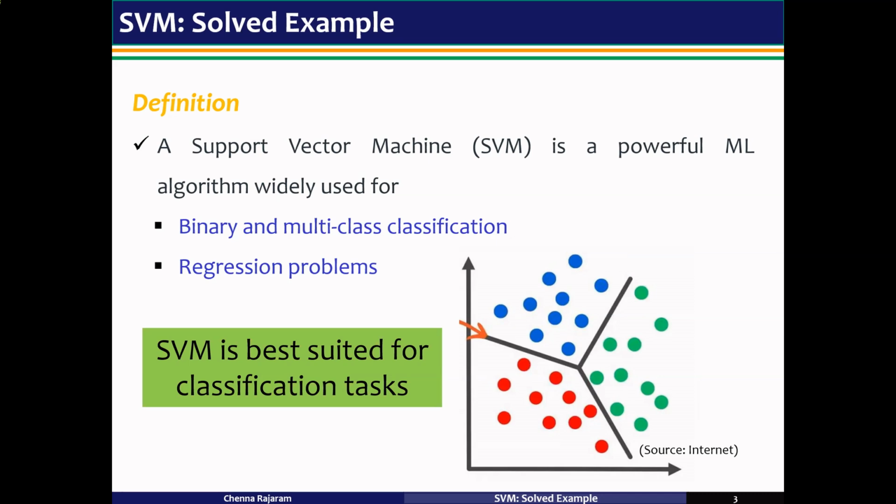This hyperplane is positioned to maximize the distance between the nearest data points of different classes, known as support vectors. By maximizing the margin, SVMs aim to improve the model's generalization ability and reduce the risk of overfitting.